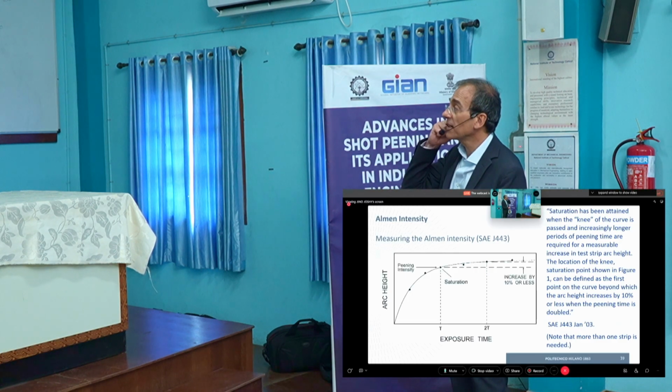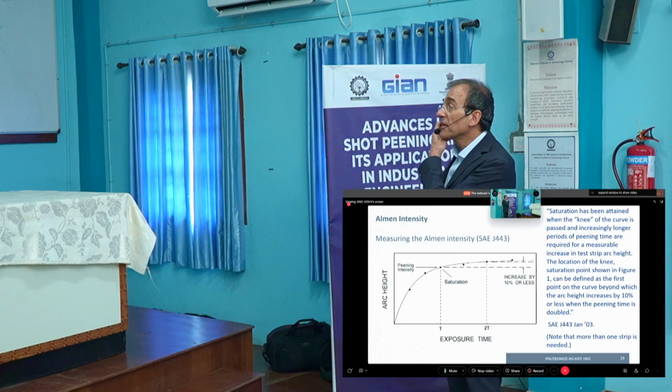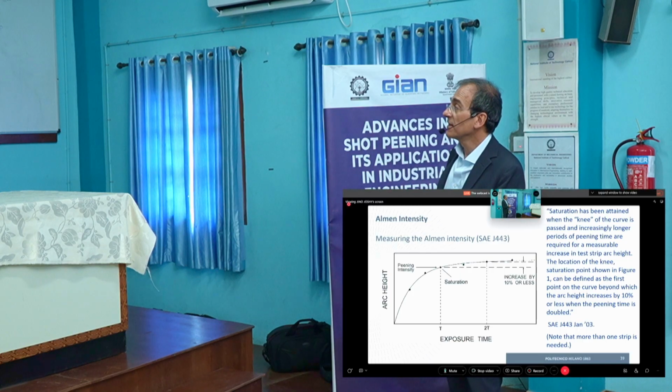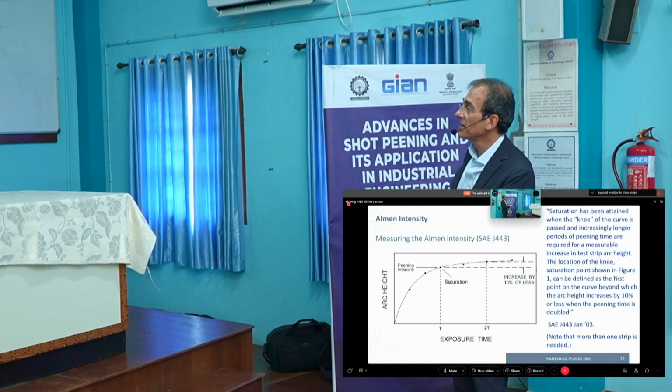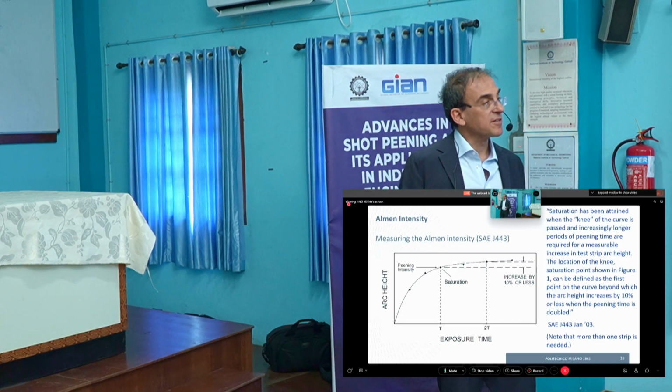When we see that the increment of the arc height of one strip with respect to the previous one is less than 10%, it means that we have saturated the strip.